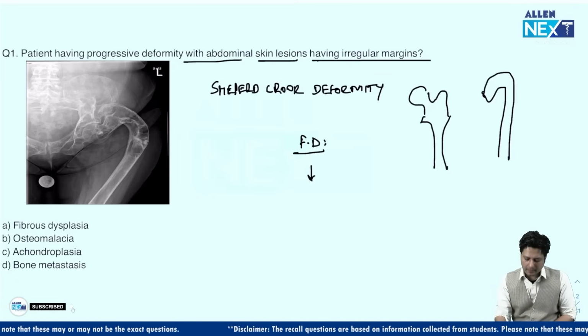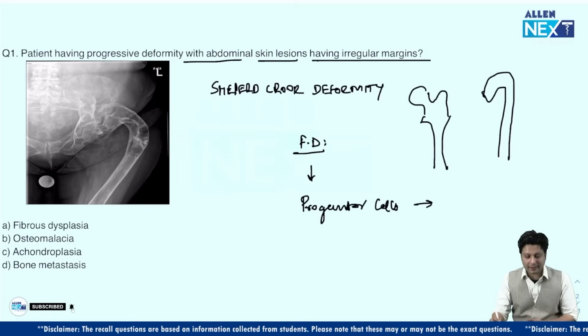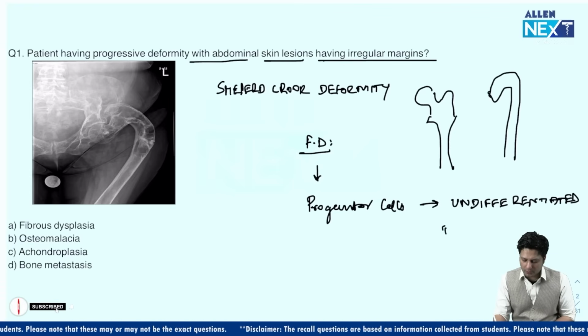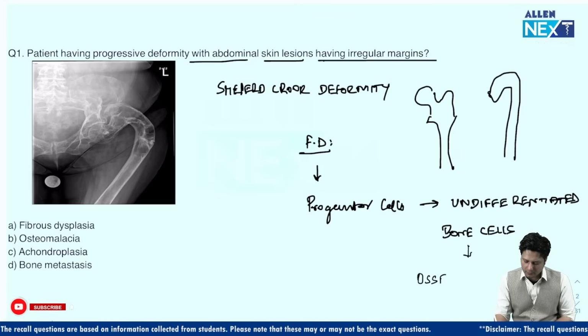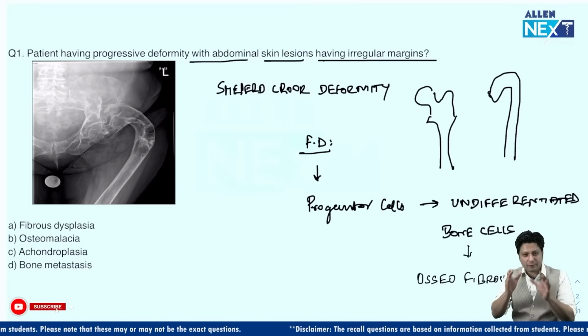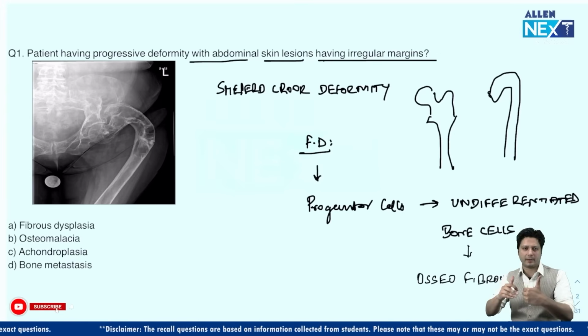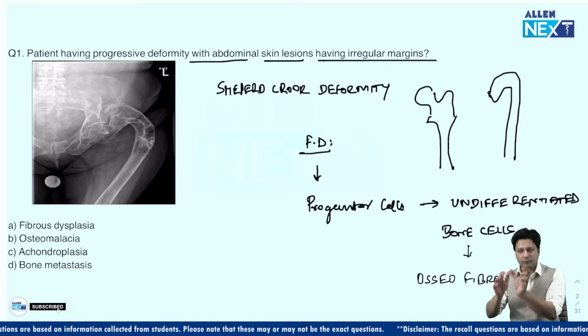As a result, the progenitor cells get converted into undifferentiated bone cells, and these ultimately result in the formation of osteofibrous tissue. Instead of differentiated cells at that site of the bone, abnormal cells take the position where the differentiated bone cells should be.